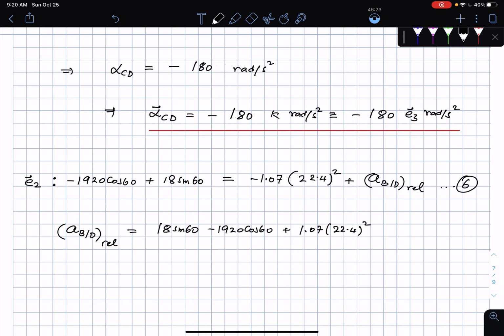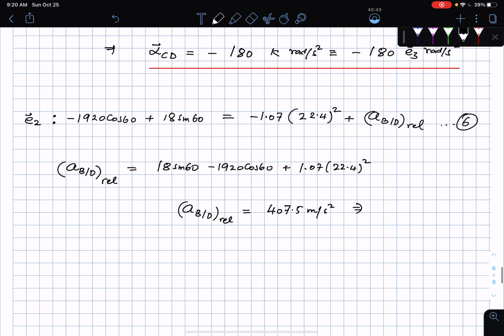And in this situation, if I do AB/D relative, it is now going to come out to be positive for me. So AB/D relative will end up being the value that I had written earlier, which was 407.5 meters per second square.